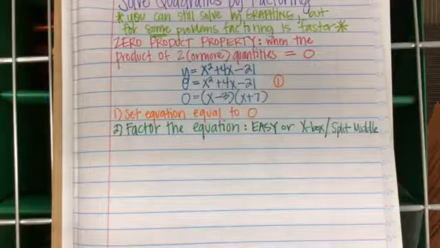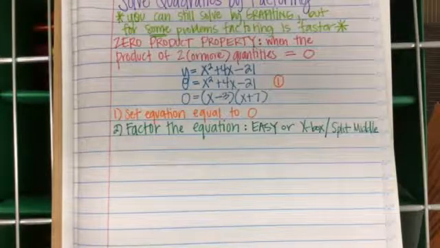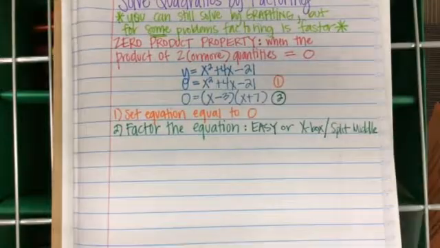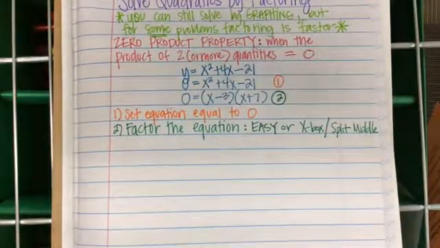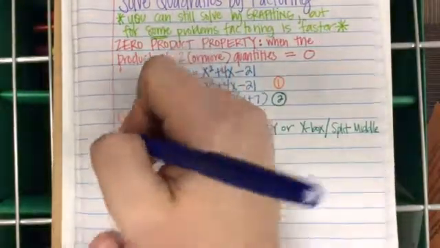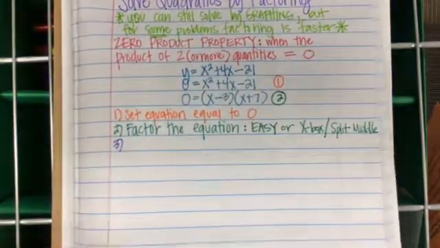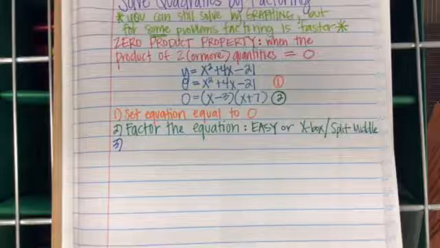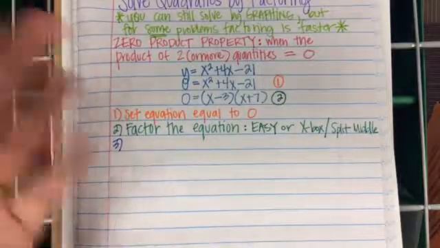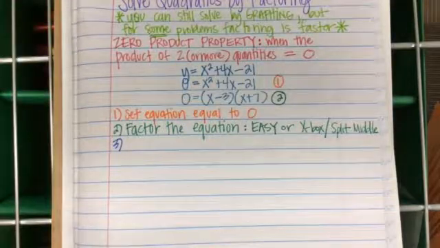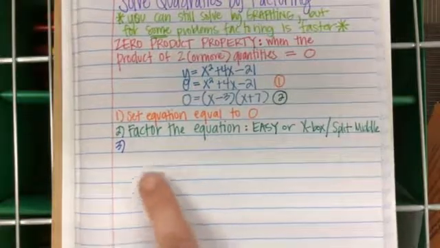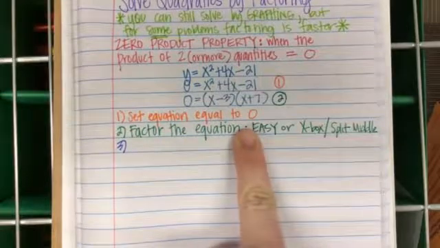And here's the new part. So let's put a number 2 next to this. We've already factored before. We've basically already done steps 1 and 2. Step 1 is just changing it to 0. We've already factored.